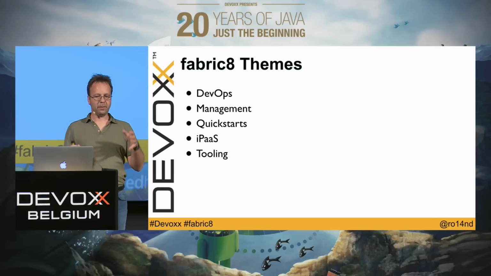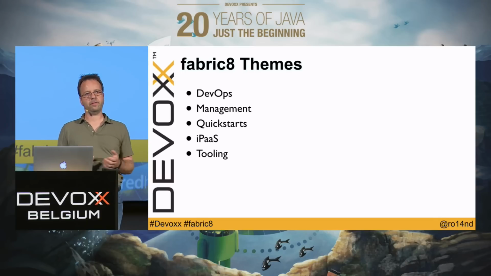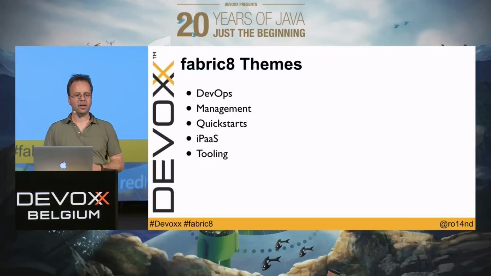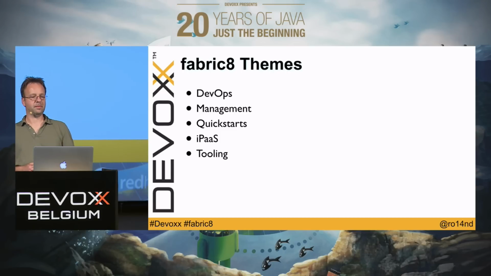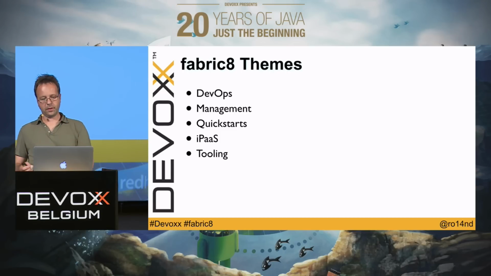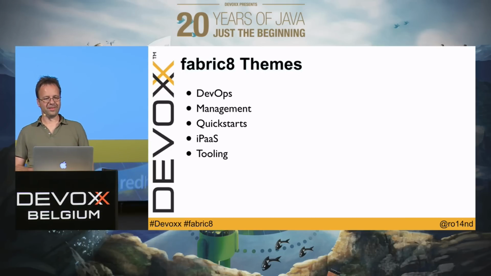Okay, Fabric8 is really some sort of a patchwork. There is not really a fixed product where you say, okay, I download Fabric8 and then I say start Fabric8. There are multiple different themes. I will give you an overview of that, and after that I hope I can give you a demo if everything works fine.